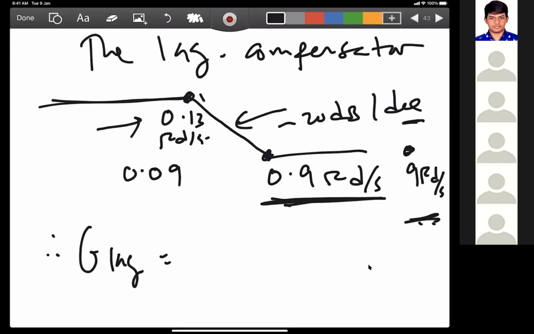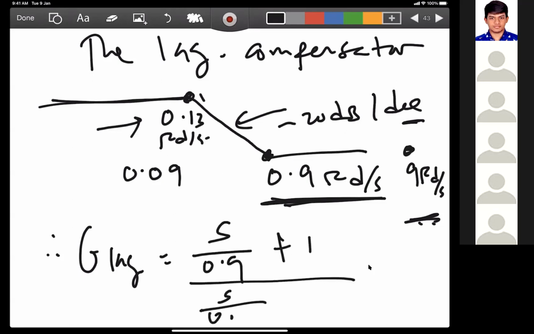If you write 0.1 is okay, 0.11 is okay, 0.12 is okay. No problem, as long as the zero is bigger than the pole. So it is (0.9 s plus 1) over (0.013 s plus 1). Simplify.